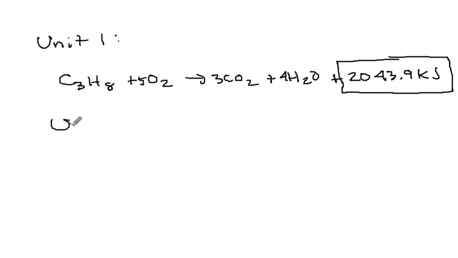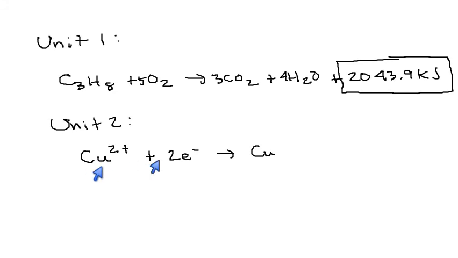In Unit 2, something similar to this will happen where we'll look at what if you have a reaction where you're transferring electrons between a couple of species. For instance, you might have copper ions and you're going to put electrons into them and turn them into copper metal. You can count the moles of electrons just like anything else.